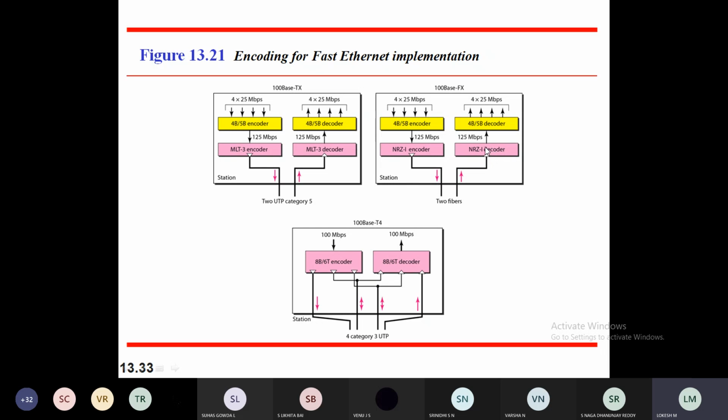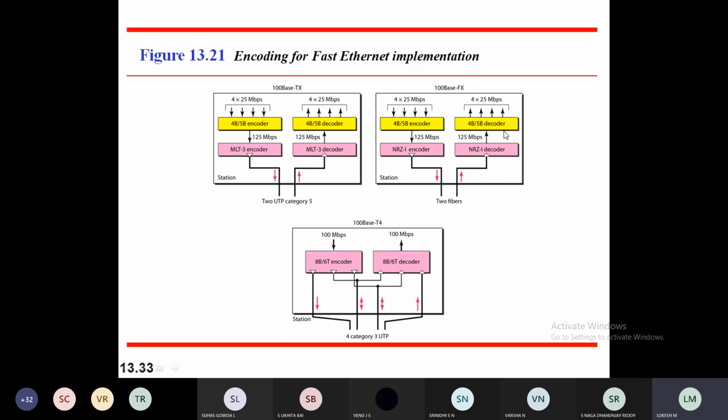Based on this line coding technique, it decodes the received frame, and the extracted data is sent to the particular devices through 4 lines.